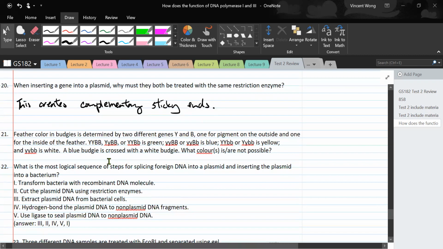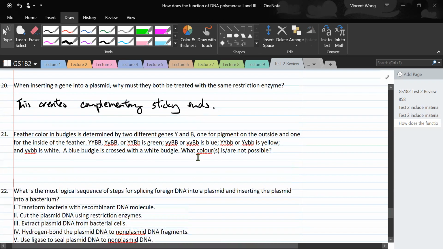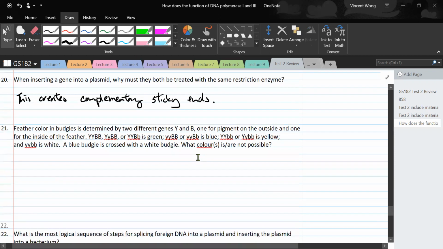All right, here is another confusing one. Feather color in bungees, which is a kind of bird, I guess, is determined by two different genes, Y and B, one for pigment on the outside and one for the inside feather. Okay, so the green ones are all these, and the blue ones are all these, and then yellow are all these, and then white is this.